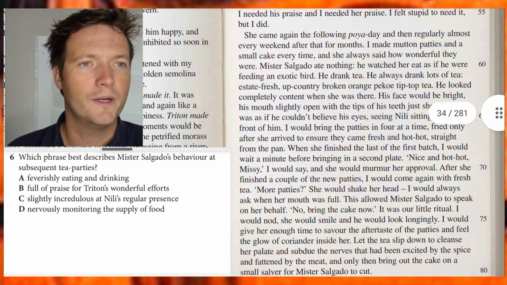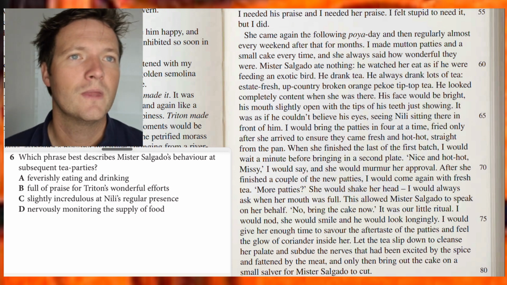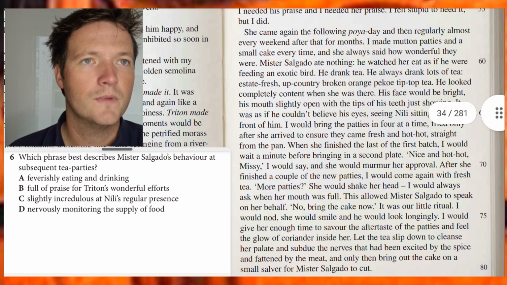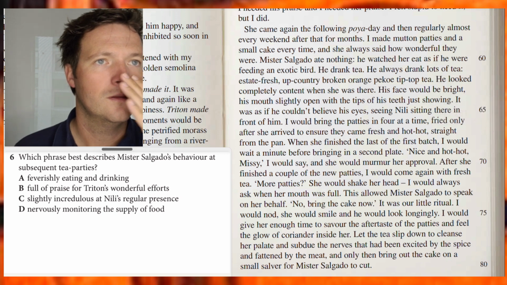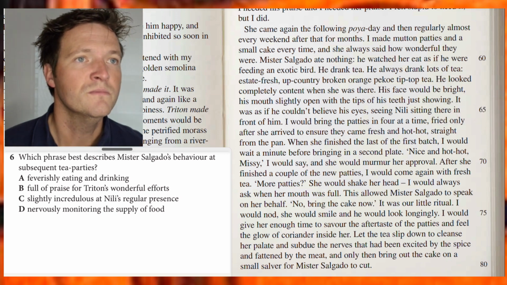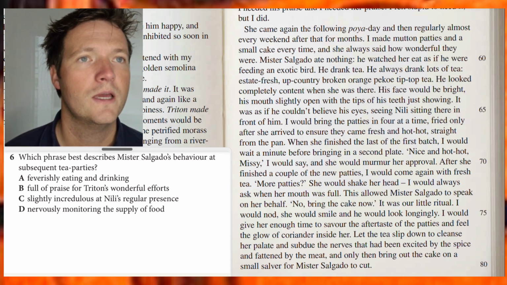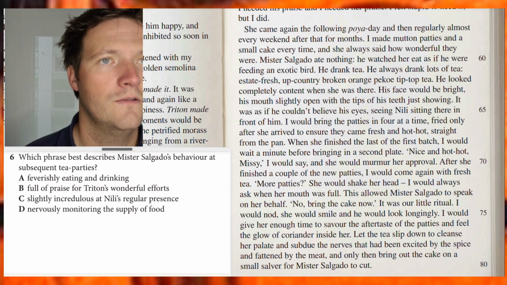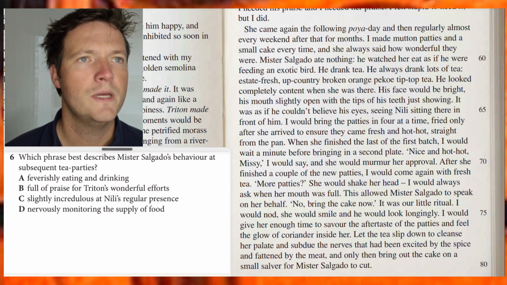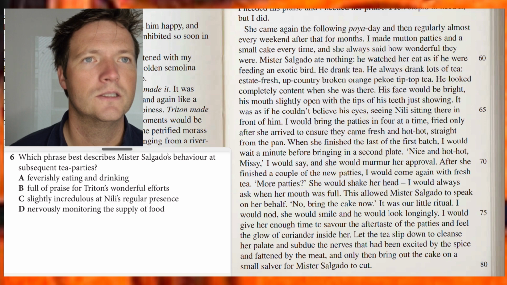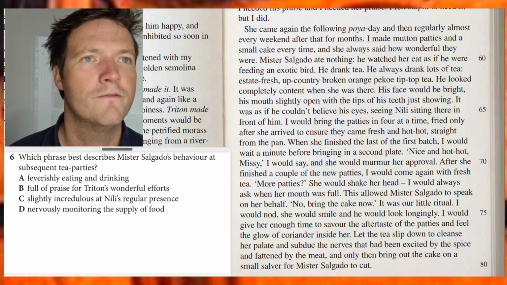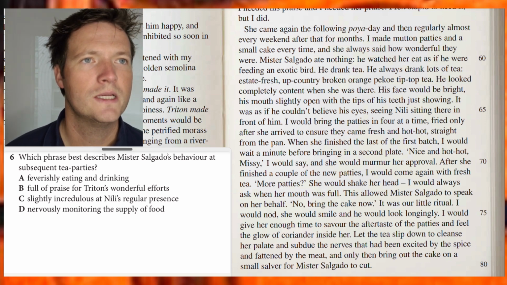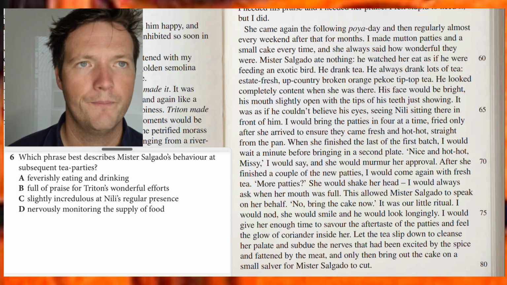Oh, it's a long paragraph. So it says, she came again the following Poya Day, and then regularly almost every weekend after that for months. I made mutton patties and a small cake every time, and she always said how wonderful they were.